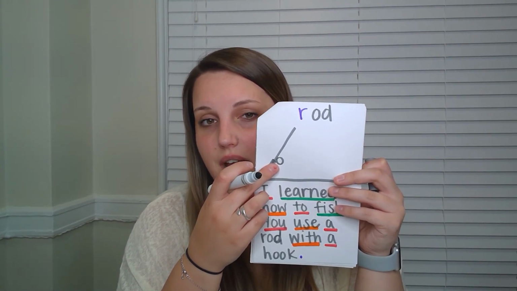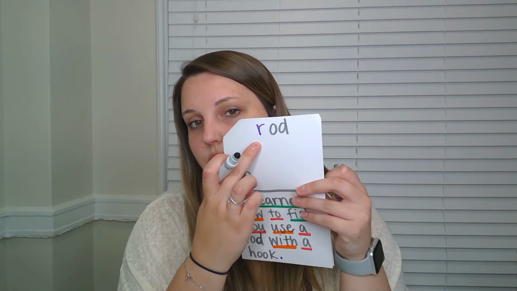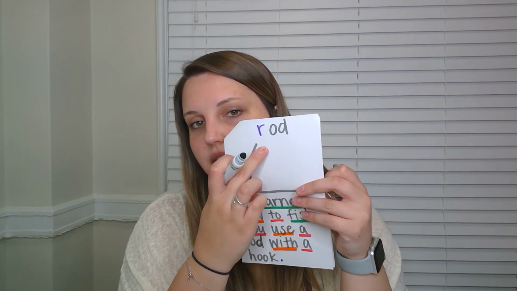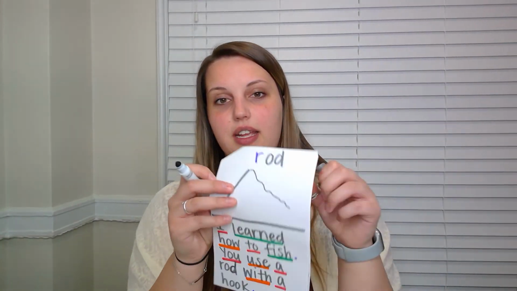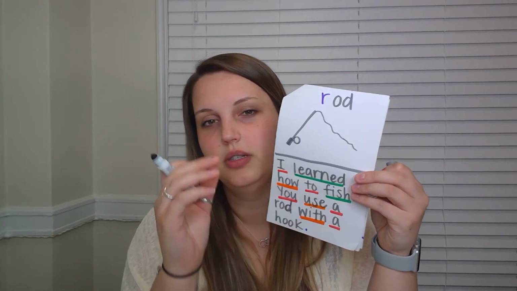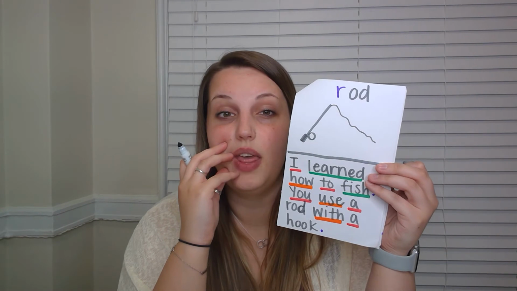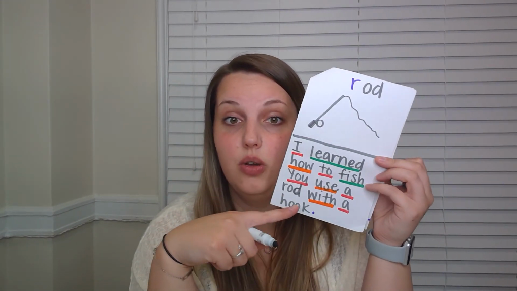Okay, so now we need string or twine coming off the end here to show that we have our fishing twine. That's the part that's going off into the water. I'm gonna draw it kind of wavy like that, like it's being thrown out to the water. And then at the very end, we need this thing here. What was that we wrote?